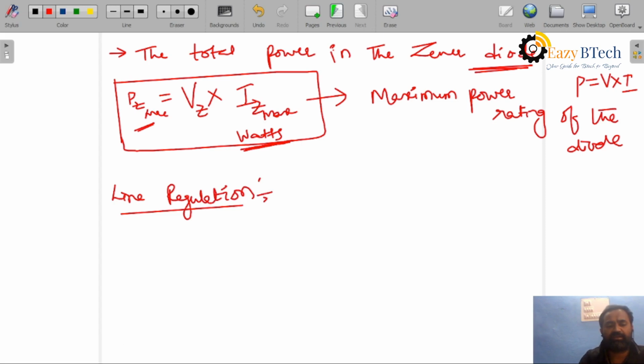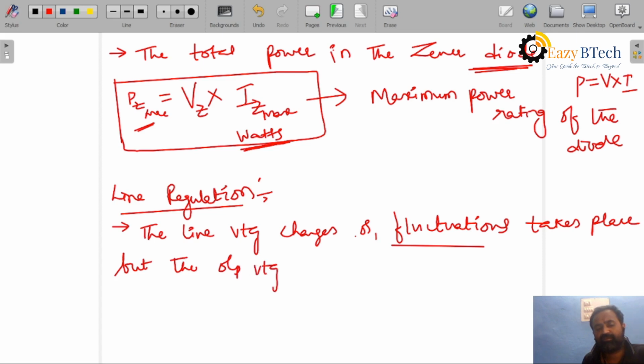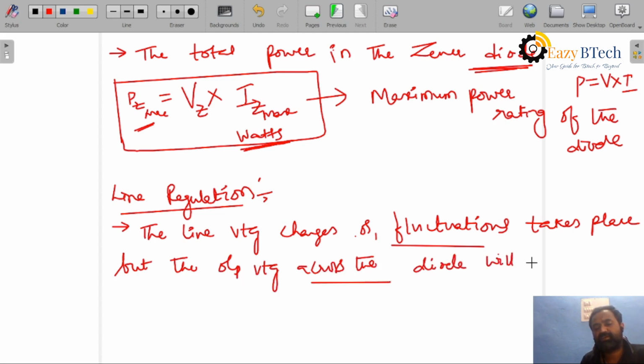Line regulation is nothing but, the line voltage changes or fluctuations take place, but the output voltage across the diode remains constant.